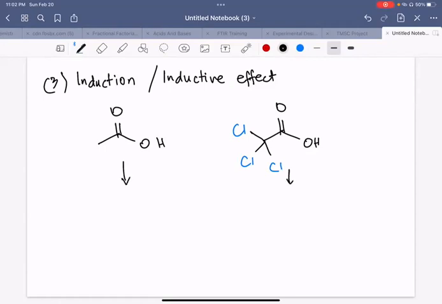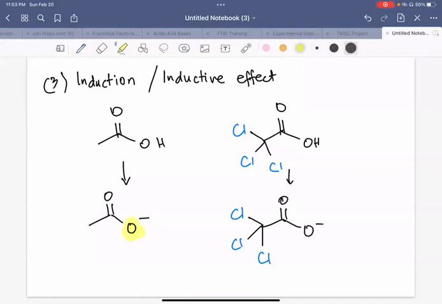This is the first thing that you're always going to do. Okay, so can we use the atom bearing the charge to compare? No, because they are the same atom, oxygen, that bears the charge. So we cannot rule out this one in terms of the atom bearing the charge.